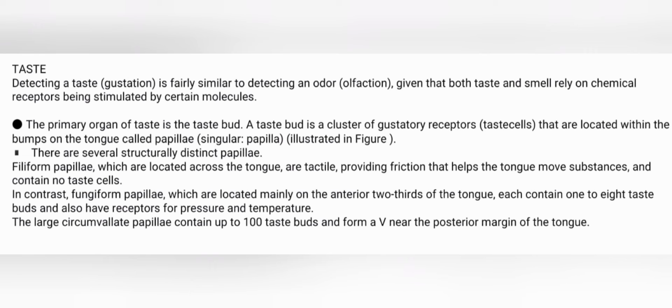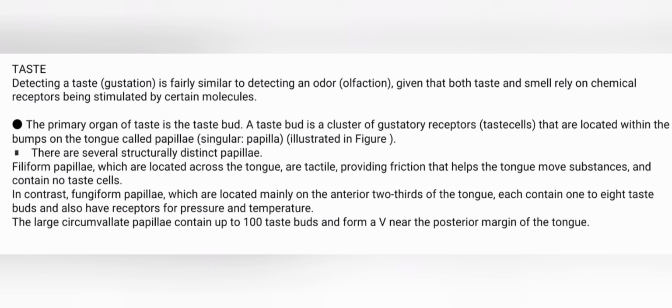There are several structurally distinct papillae. Filiform papillae are located across the tongue. They are tactile, providing friction that helps the tongue move substance, and contain no taste cells.